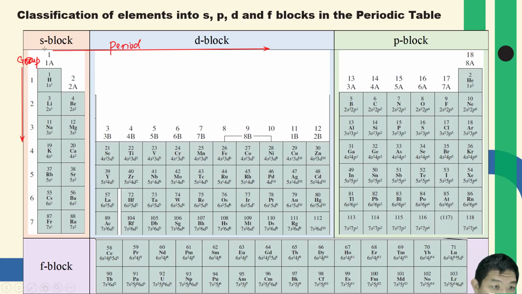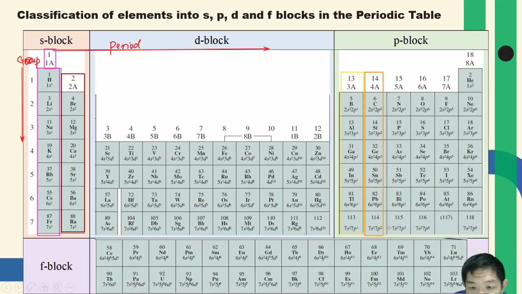Going down from here to here, all of this is group 1 elements. Then you have group 2, group 13, group 14, group 15, group 16, group 17, and finally you have group 18 in here.